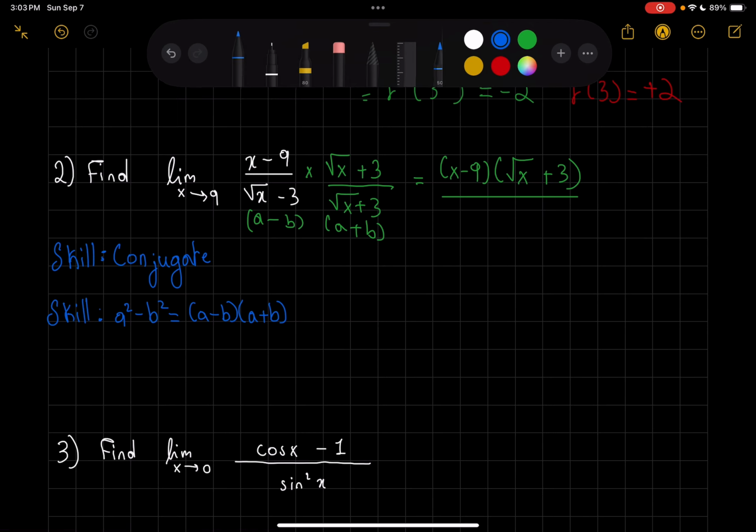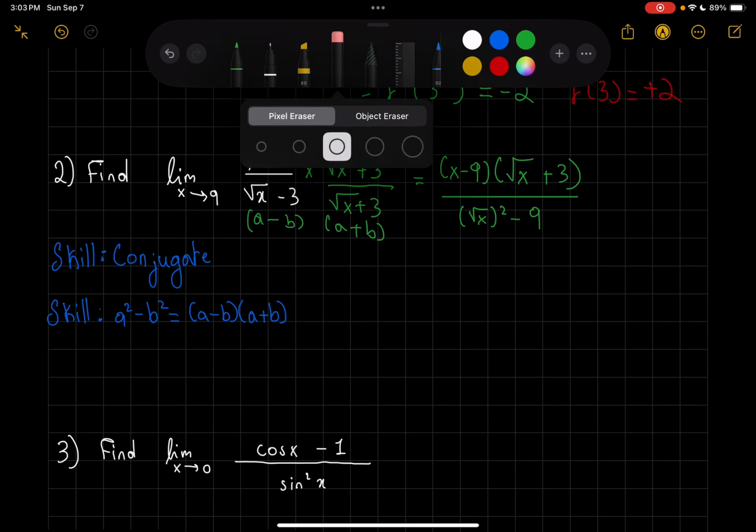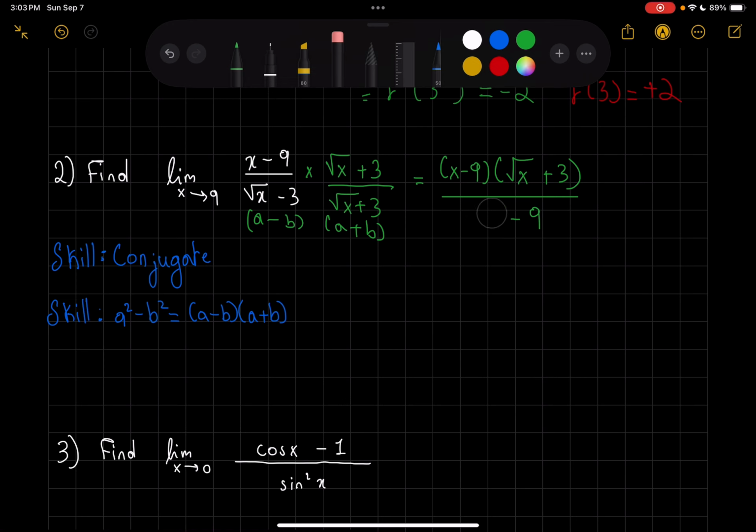So we can change it to a squared minus b squared, which is going to give me square root of x to the power of 2, which is x, minus 3 to the power of 2, which is 9. So the square root of x to the power of 2 is going to be x.